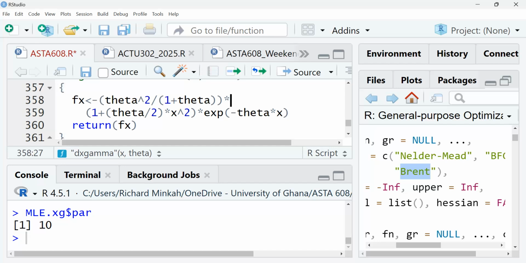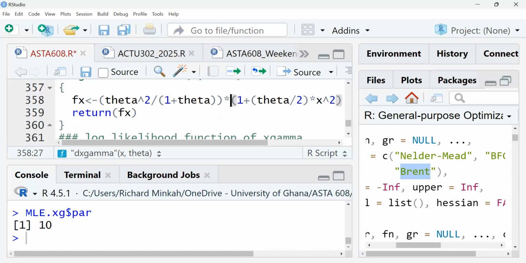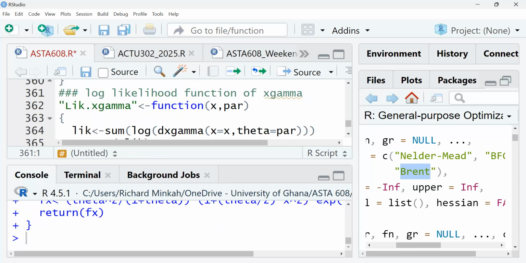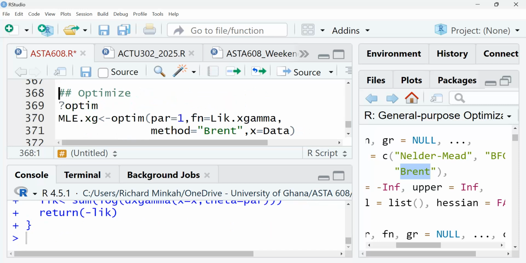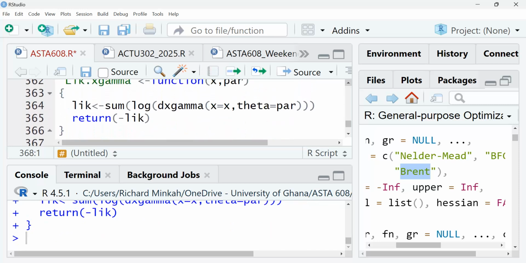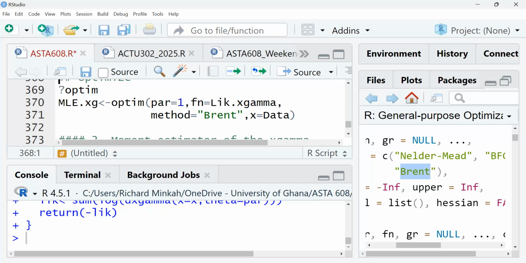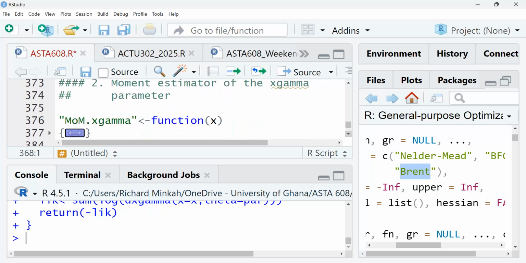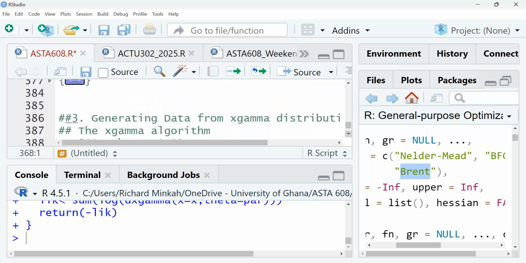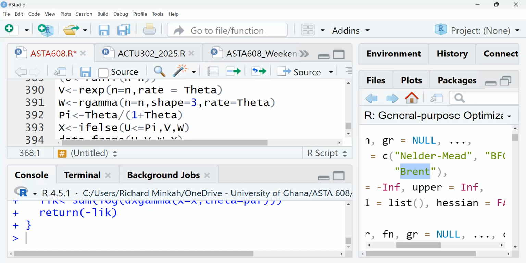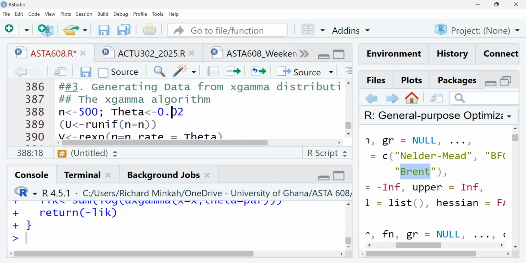Return. Okay, let me put this here to see F. We did find some log ds gamma theta per x equal to x. And then this one is per like x is equal to.